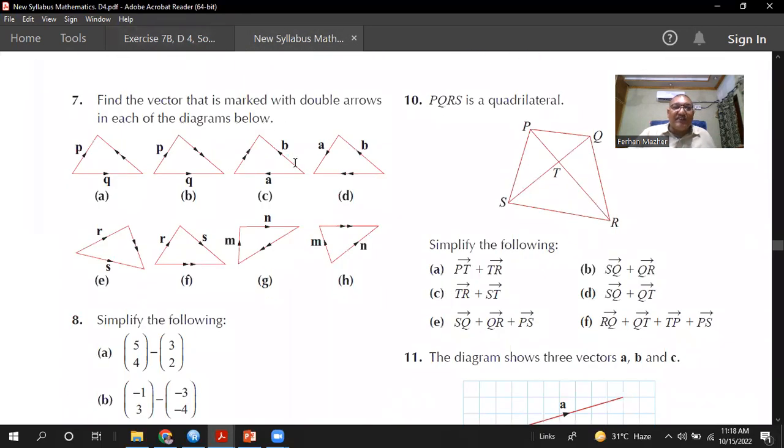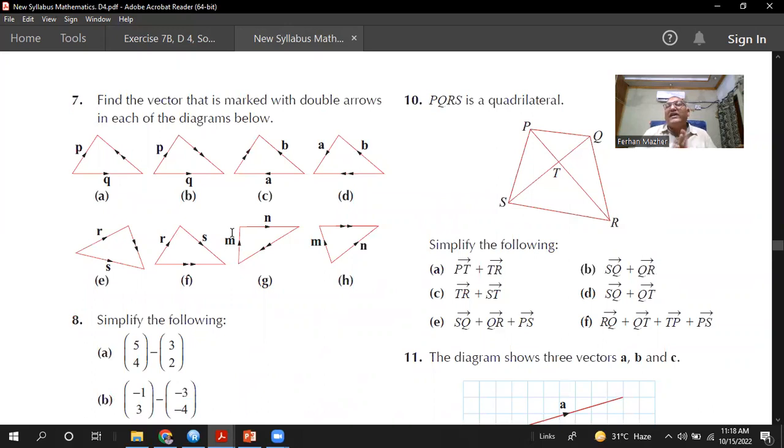Okay, so we are going to the next question. Whenever these all are triangles, there are two ways in which these triangles are used. The triangle can be used to do the addition of the vectors. The triangle can also be used to do the subtraction of the vectors.